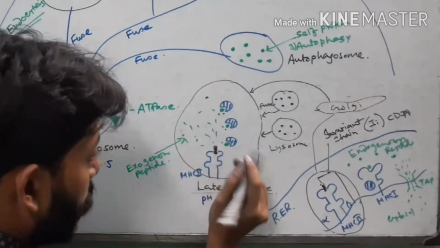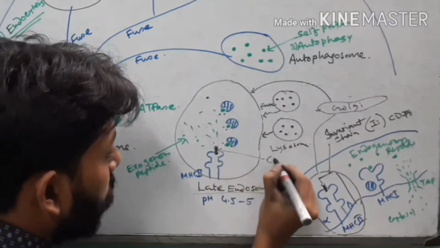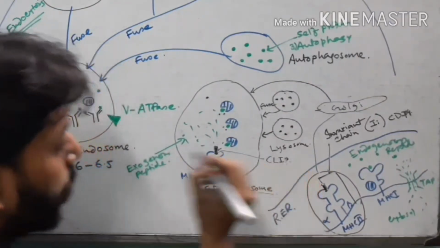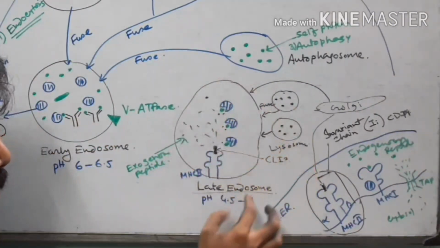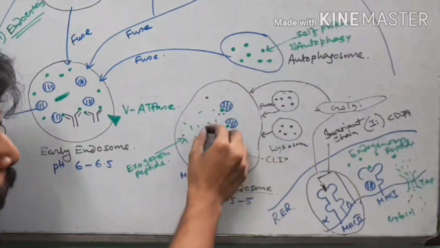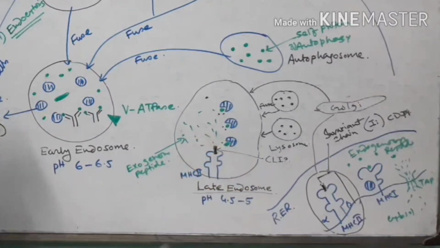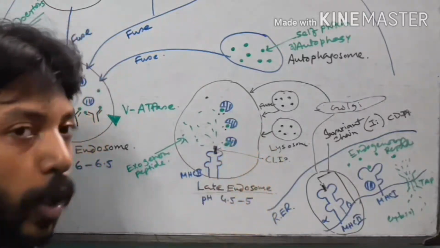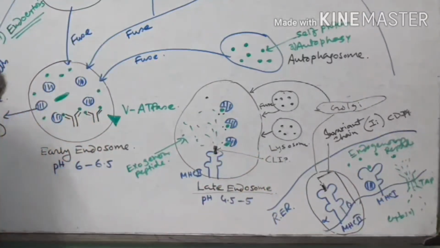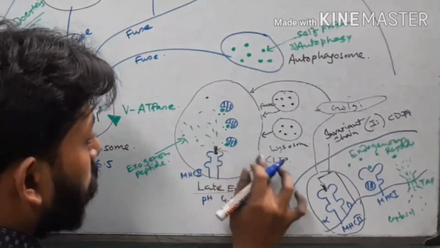This cleaved portion of the protein is called CLIP. So now the late endosome has to remove this CLIP to attach the exogenous peptide, because this CLIP has to be removed. For this function, another molecule is present in the late endosome, a non-classical MHC2 molecule. So this is the CLIP.